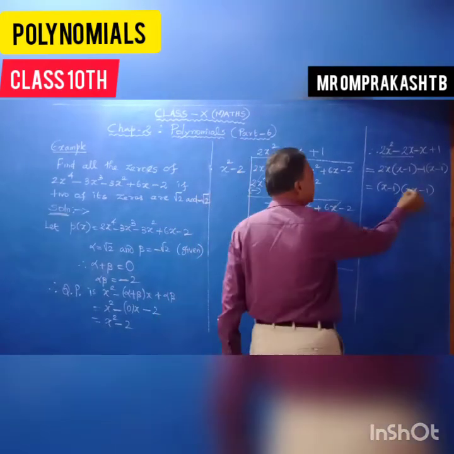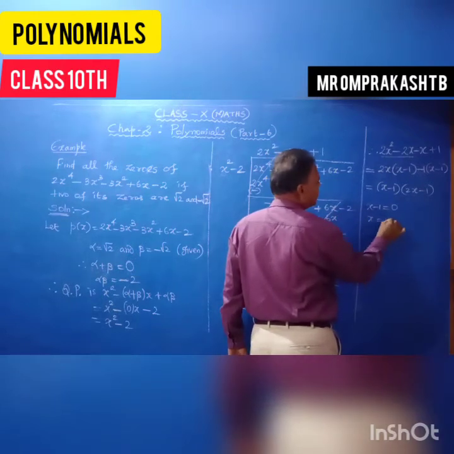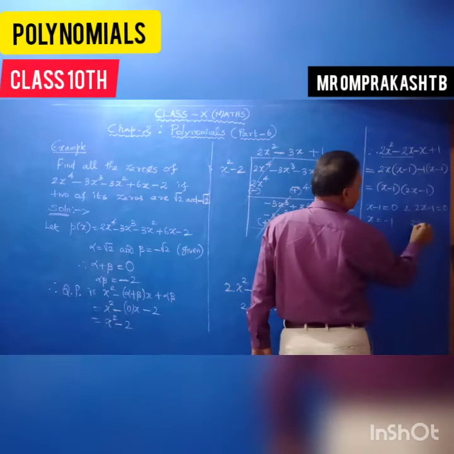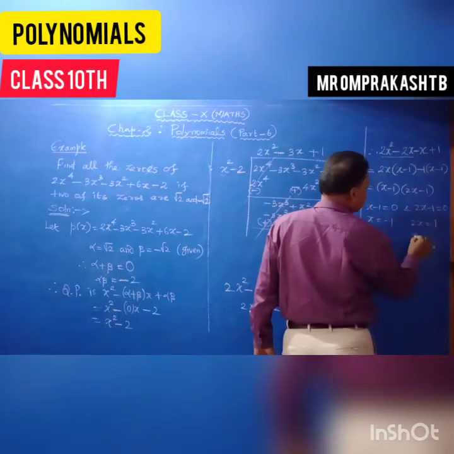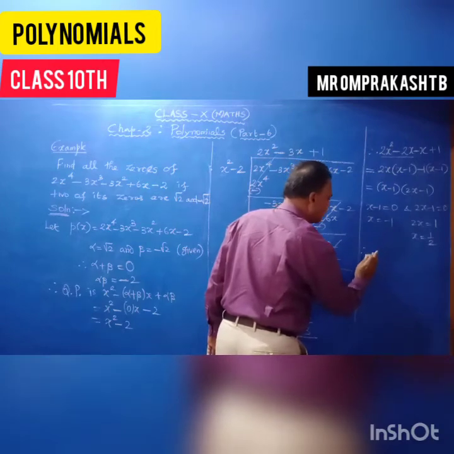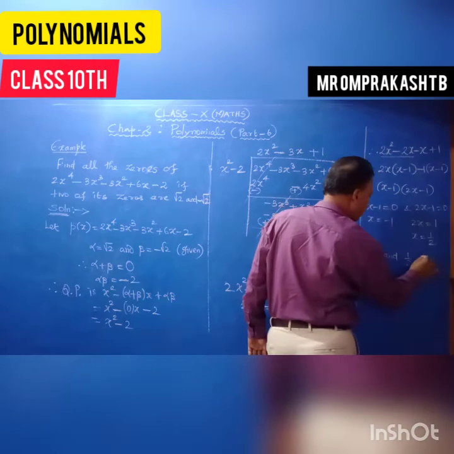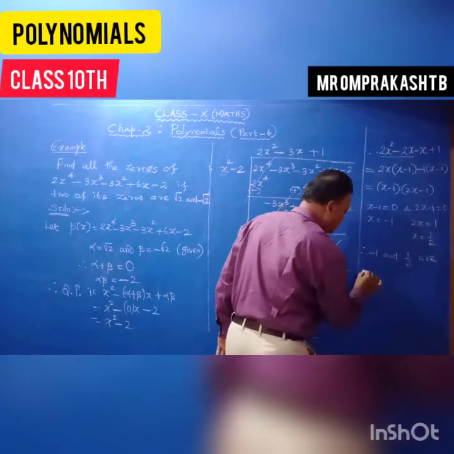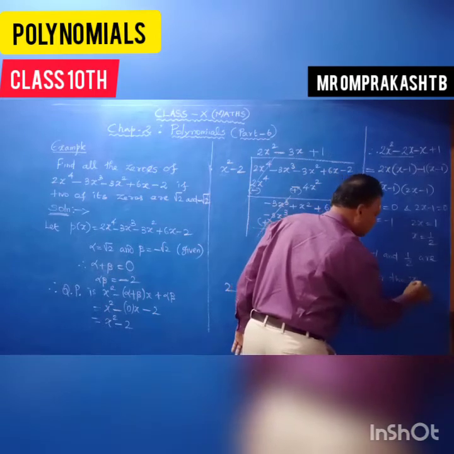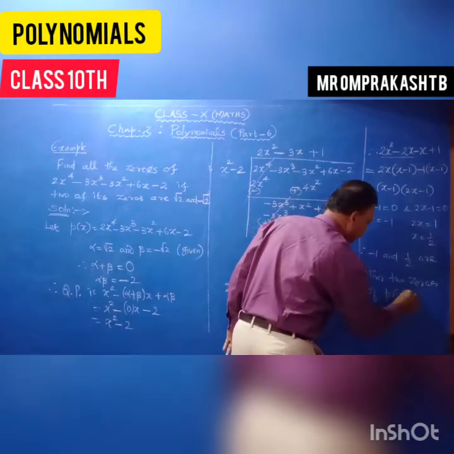That means each factor makes 0, means x minus 1 equal to 0. Therefore x is equal to 1. And 2x minus 1 equal to 0. So 2x is equal to 1. X is equal to 1 by 2. Therefore minus 1 and 1 by 2 are the other two zeros of p of x.